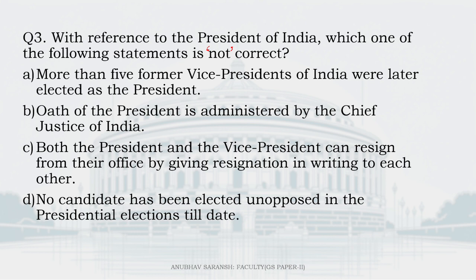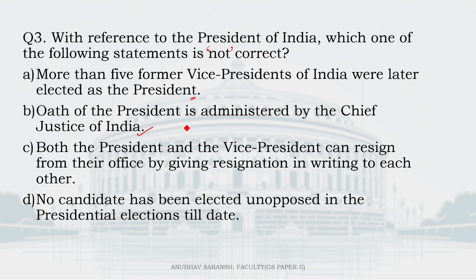First one, more than 5 former VPs of India were later elected as the president. Now, this is a highly factual statement, extremely difficult to mark as right or wrong. Let's see the other statements first. B. Oath of the president is administered by the Chief Justice of India. Now, this is correct.